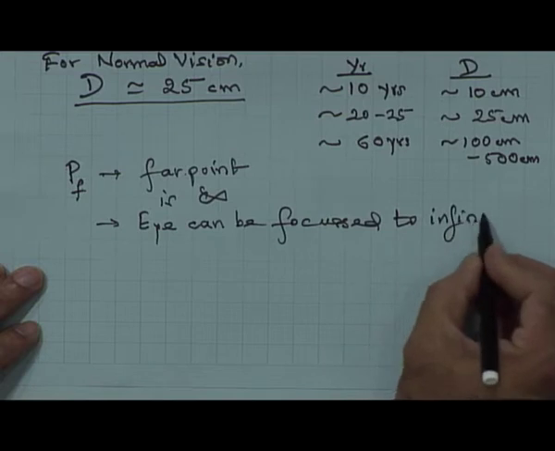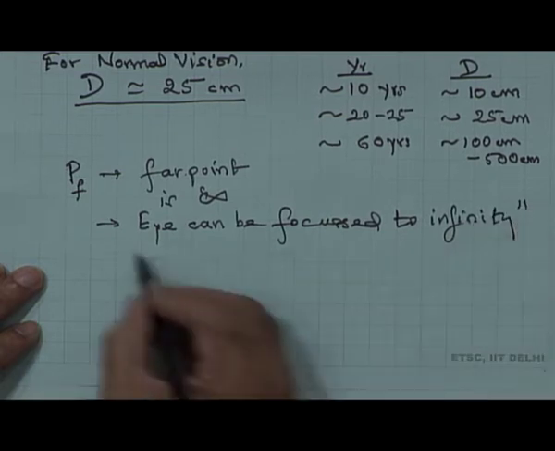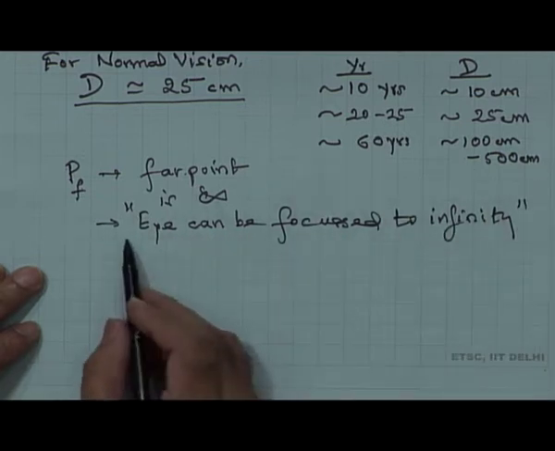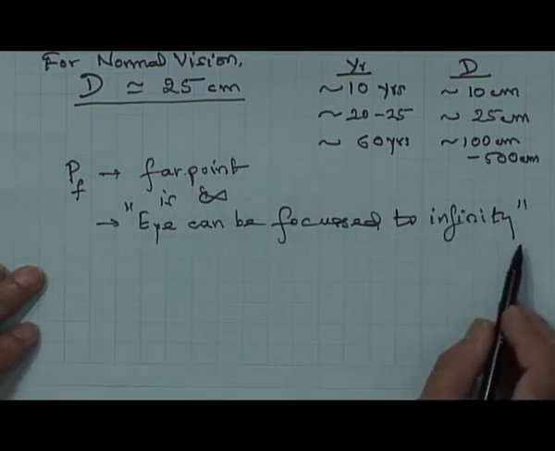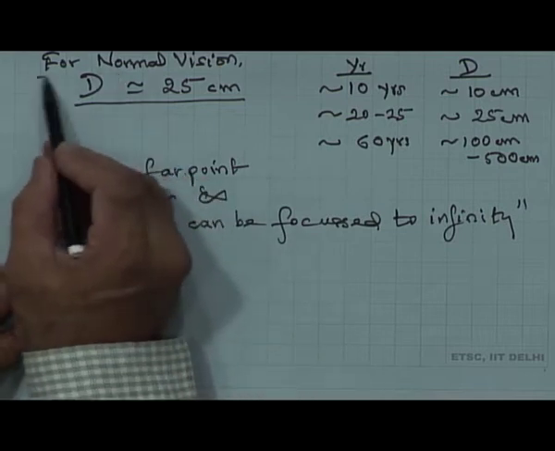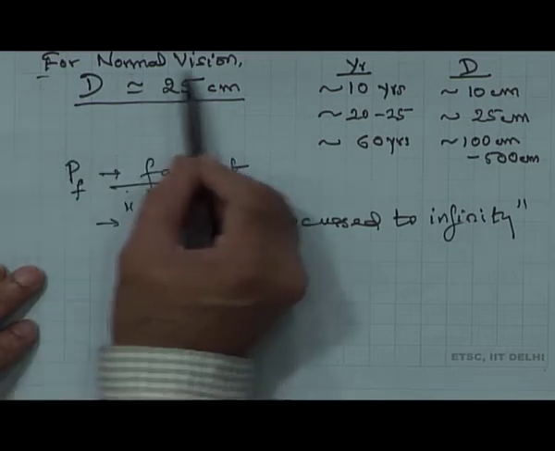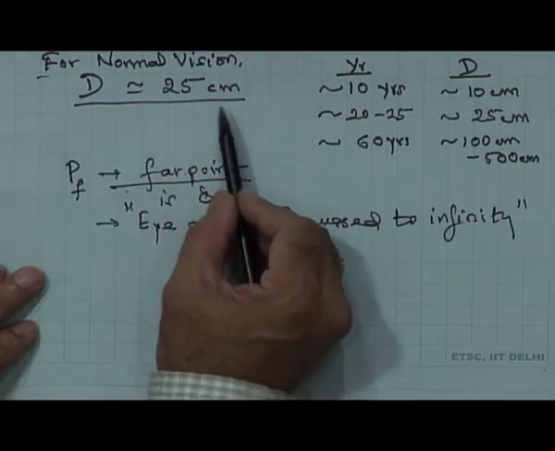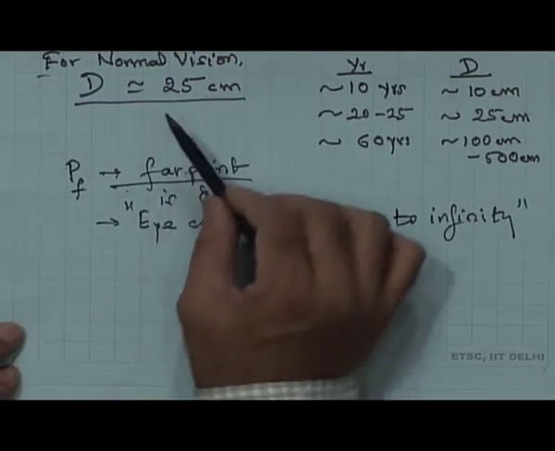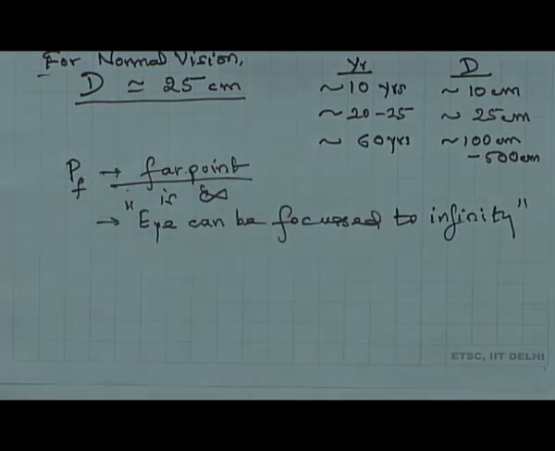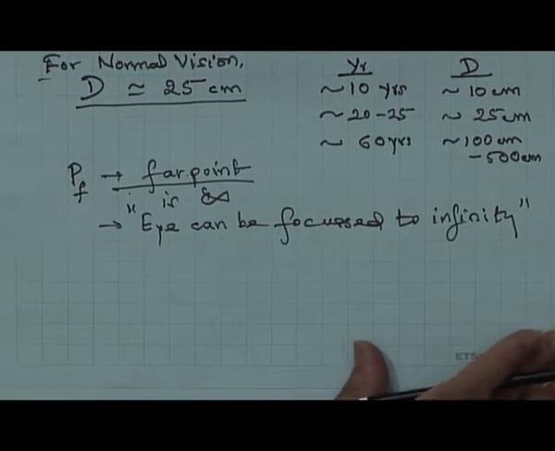Objects which are at a large distance are also clearly visible, and therefore, for normal vision the far point is infinity and the near point is approximately D equal to 25 centimeters. This has some important implications subsequently when we discuss microscopes and telescopes.